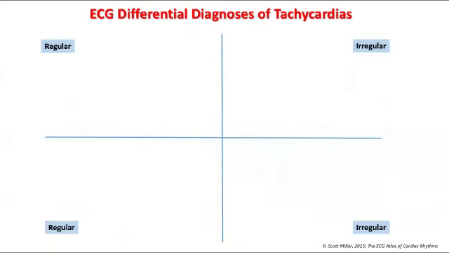And then we can go further and look at the width of our QRS complex. So we can have regular narrow complex tachycardias, irregular narrow complex tachycardias, and then regular and irregular wide complex tachycardias.